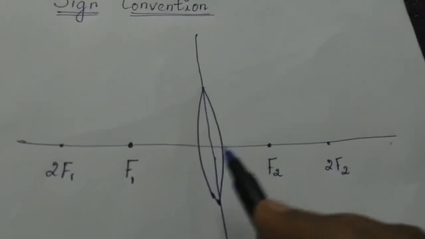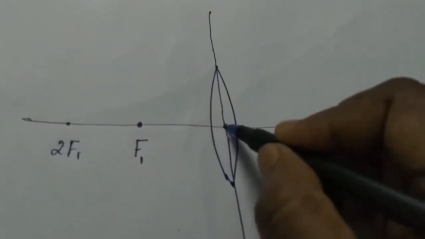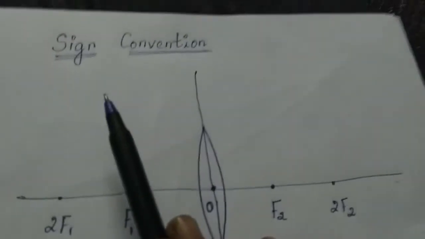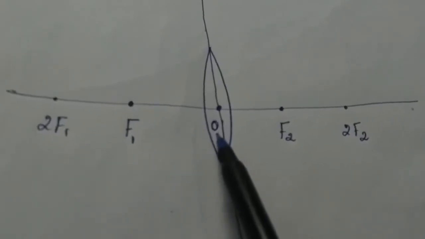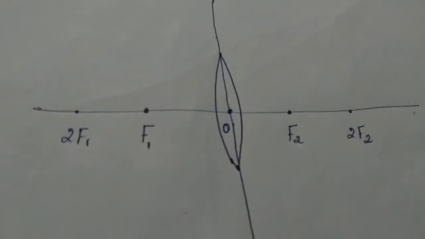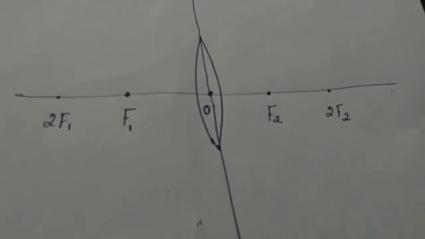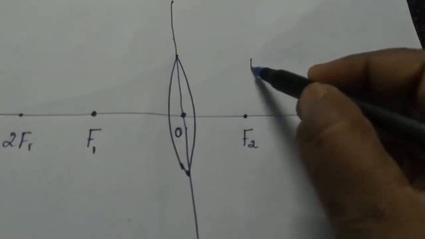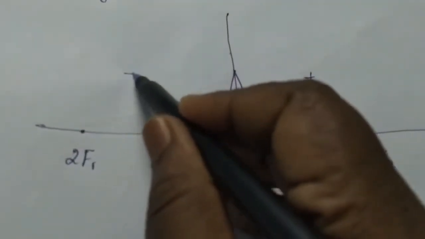All the distances are measured from the optical center O of the lens. According to the convention, the focal length of a convex lens is taken as positive, and that of a concave lens is taken as negative.